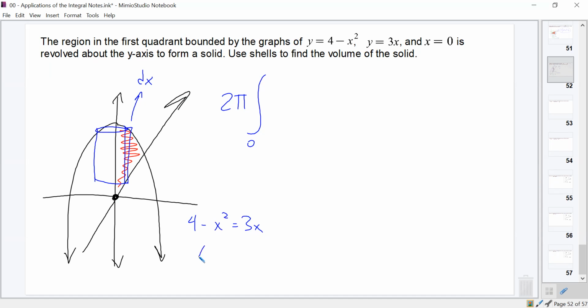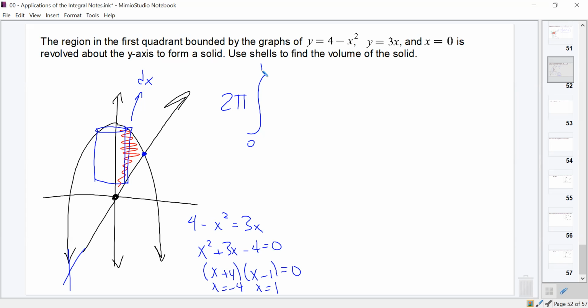So we'll end up with x squared plus 3x minus 4 is equal to 0. And then we'll just factor that into x plus 4 and x minus 1, giving us intersection points of x equals -4 and x equals 1. And obviously, x equals -4 is going to be this one over here where they intersect. This one here is going to be x equals 1.